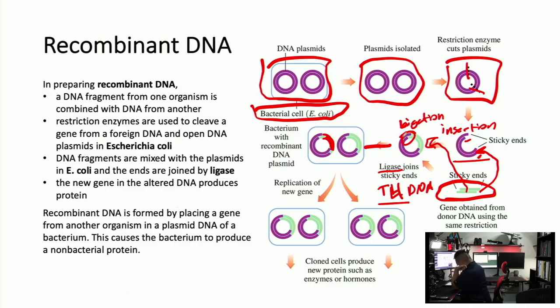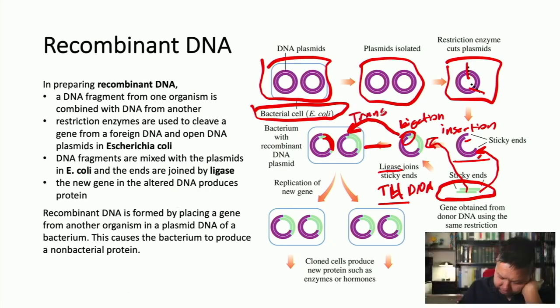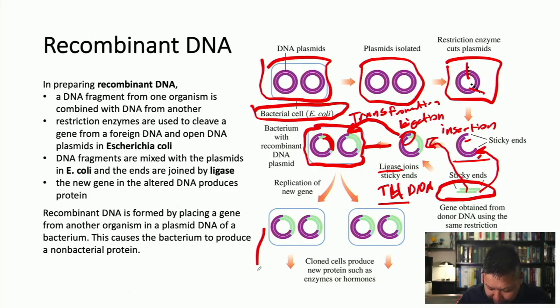And then we transform it back into E. coli. This is called transformation. After we transform it back into E. coli, hopefully, we're successful in that transformation, right? And the plasmid starts to reproduce, making multiple copies of itself. And then, after making multiple copies of itself, it starts to go through the transcription and translation process to make the gene product that we want, right?